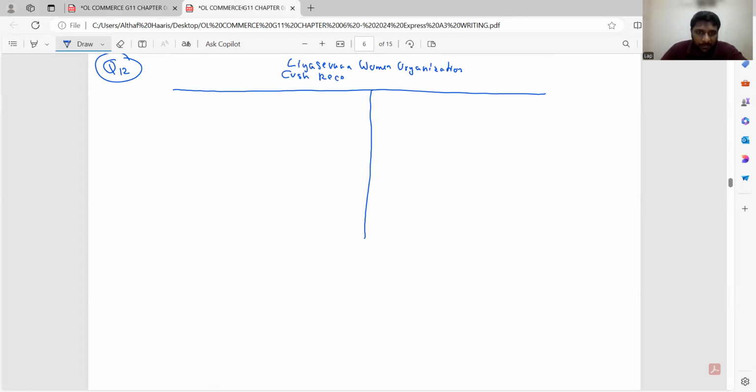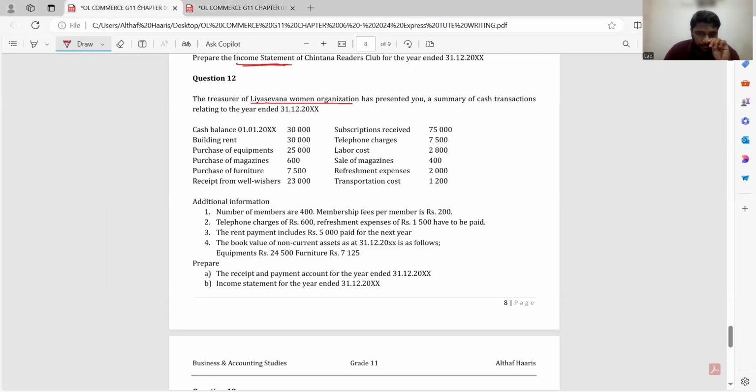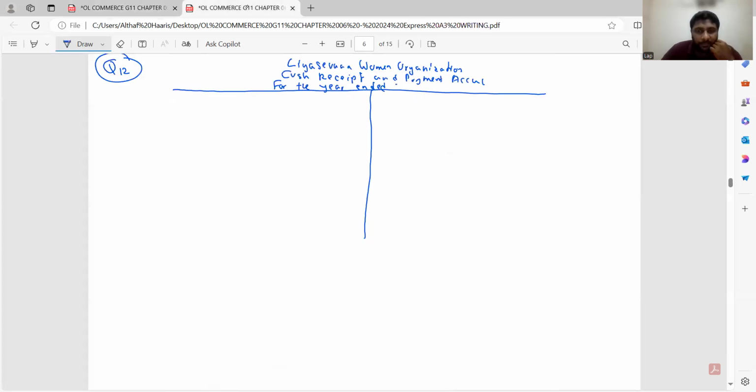Cash receipt and payment account for the year ended 31st December 2026.